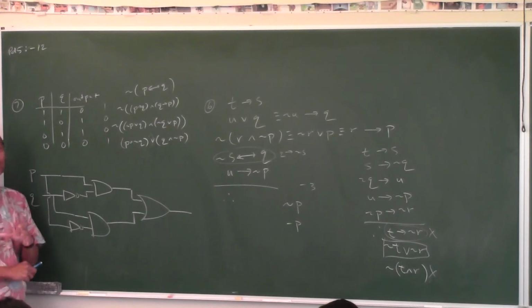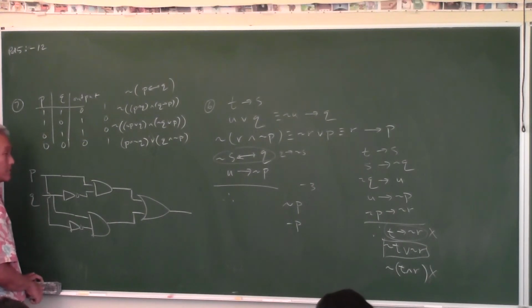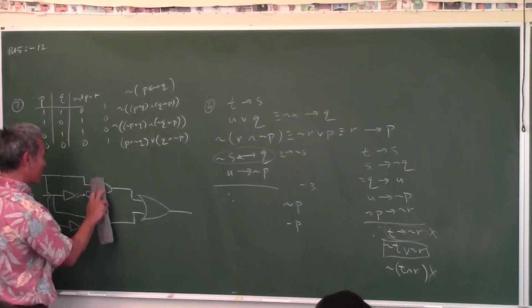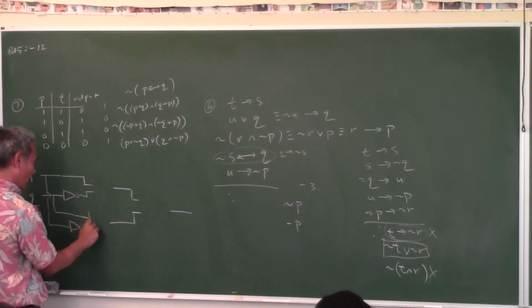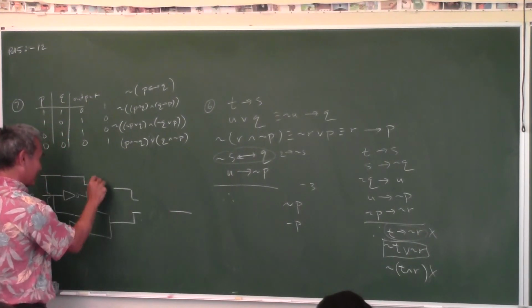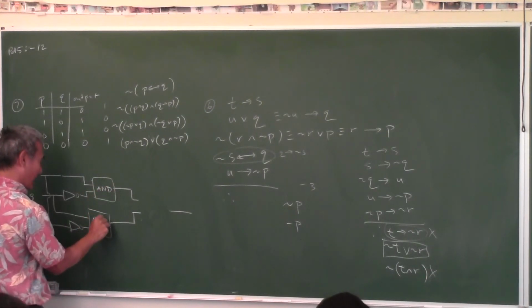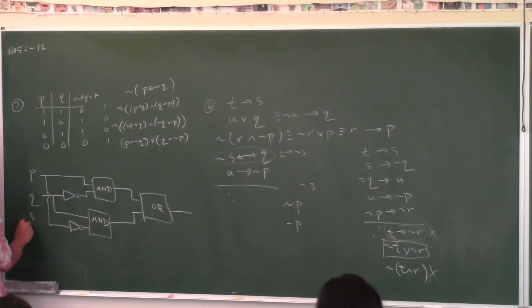Now tomorrow, what if you cannot remember which symbol is and, which is or, and which is not? What could I accept? Just make a box and write AND, and make a box here and write OR, and I'll just take off 3.